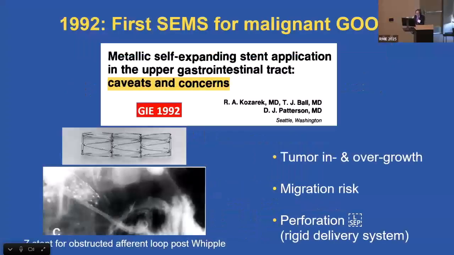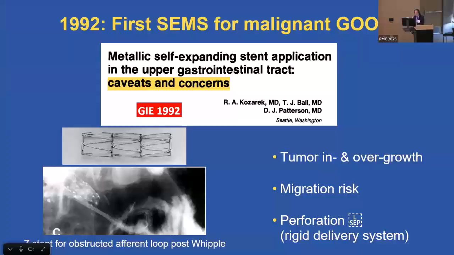Okay, good. So in 1992, Dick Kozarek described the first SEMS for malignant gastric outlet obstruction, and he used something called the Z-stent. It was actually developed at the center where I did my fellowship, Oregon Health Sciences University.